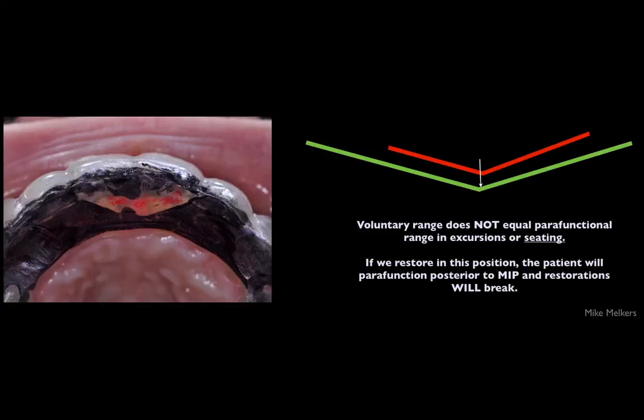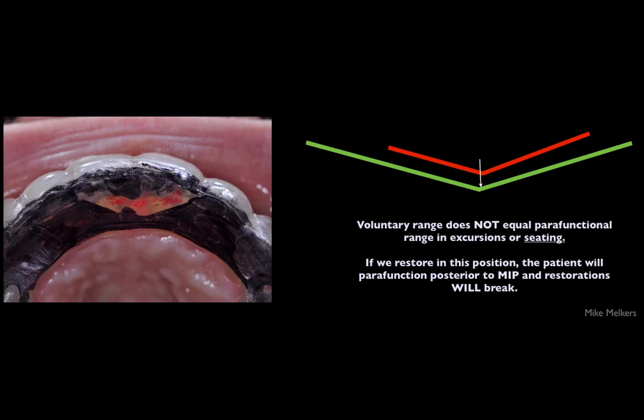Now, Mike Melkers, and I borrowed this slide from Mike, has done a number of interesting studies where he looked at hundreds of patients and with a black Sharpie had them wear their anterior deprogrammer, and you'll notice that they'll scribe out their parafunctional movements. Then he'll have the patient come back and he will insert some articulating paper, in this case red articulating paper, and ask the patient to go through their eccentric parafunctional movements.